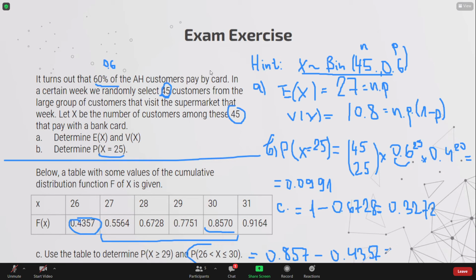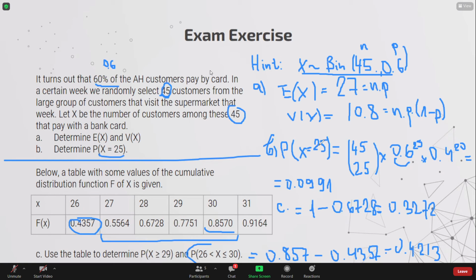And in the end, the answer should be 0.2213. Yes, it doesn't matter, it's always the same.